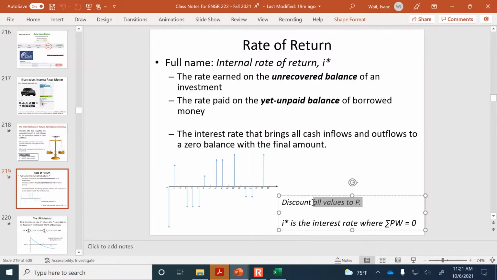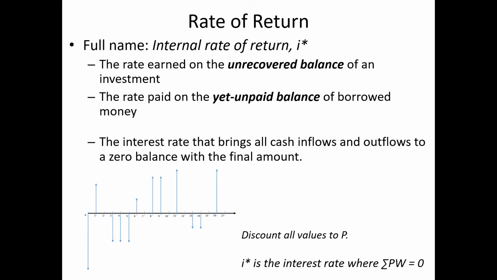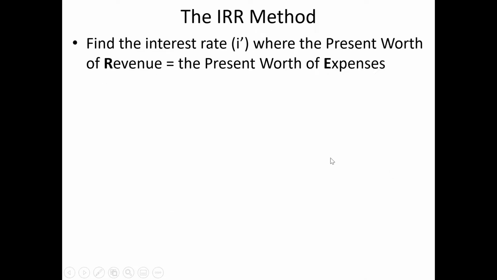So you take all of the amounts to the present, and then you keep playing around with the interest rate until the sum of the present worths is 0, including the lump sum at the initial time that you had to pay to purchase the item. So that's the process we're going to go through today.